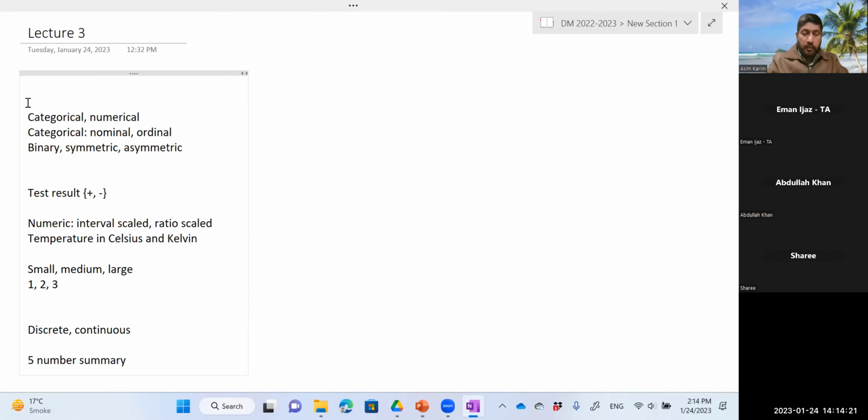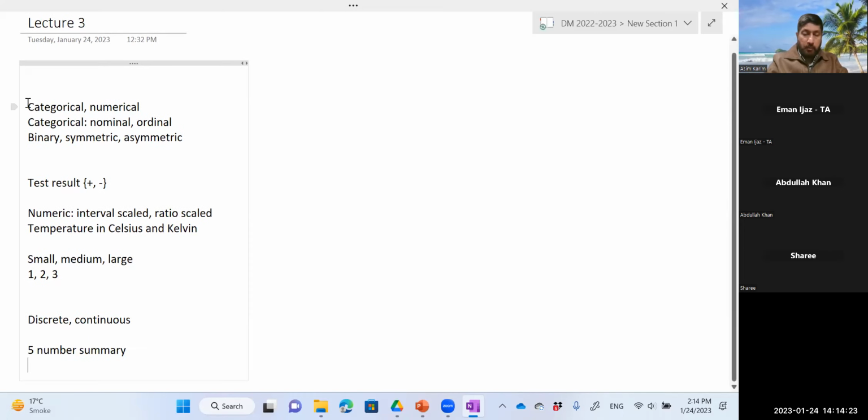So this 5-number summary for any attribute is basically the min value, the Q1 value, the Q2 value, the Q3 value, and the max value. Okay. So these 5 numbers would summarize an attribute's values in this way.